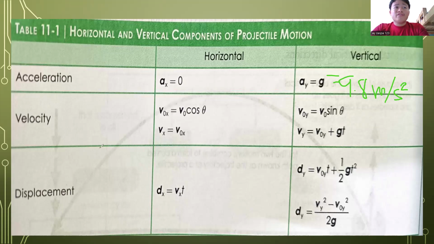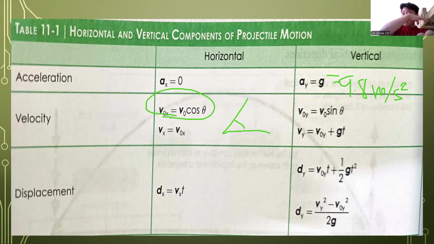So now, let's have the velocity. In horizontal, velocity is connected with the cosine of the angle when there's a specific angle given. Like for example, this one, there is an angle. If you wanted to solve the velocity in its horizontal, the moving horizontal velocity, when you're talking about velocity, it's with respect to distance and time, or displacement divided by time.